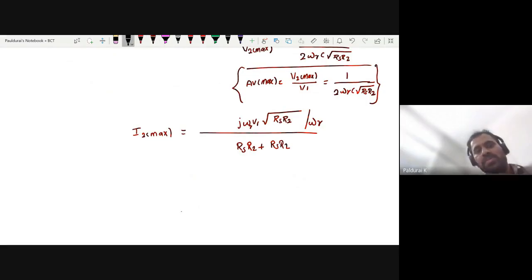So these two will be cancelled. Remaining, you end up with J V1 divided by 2 times square root of Rs R2. This is my I2 max.